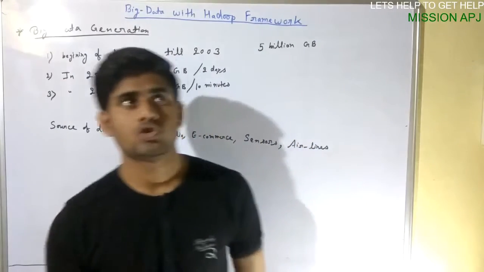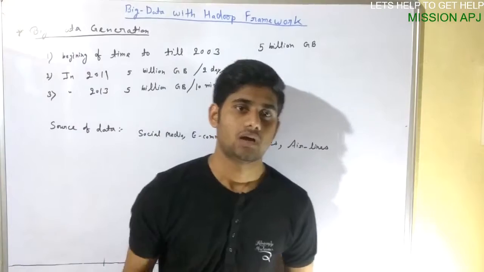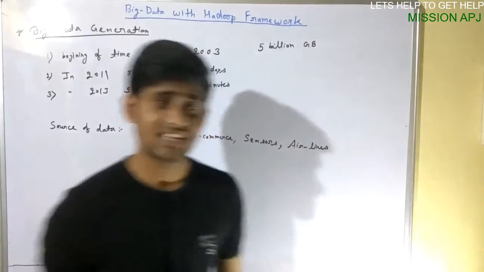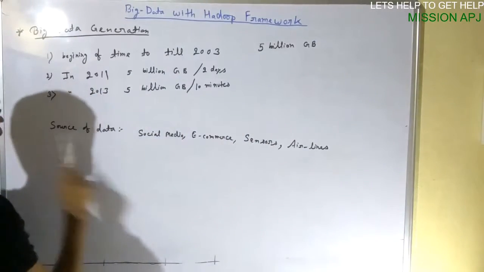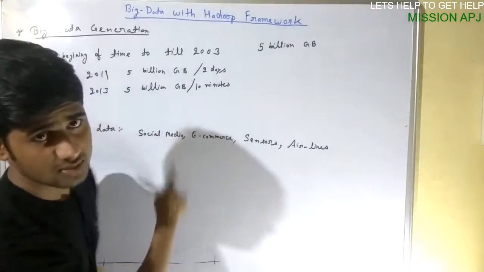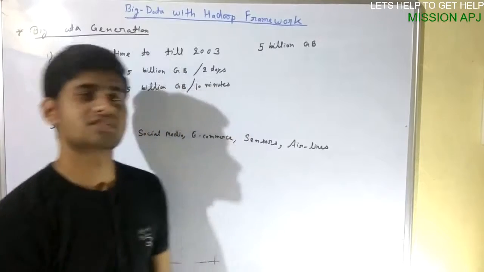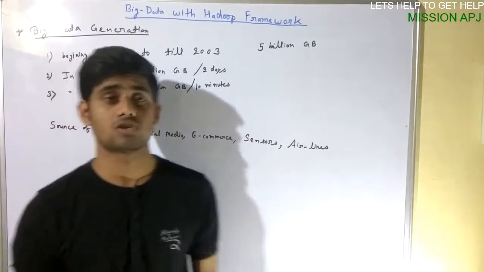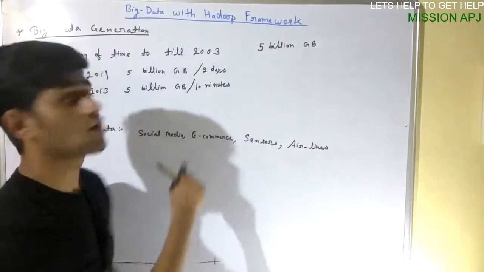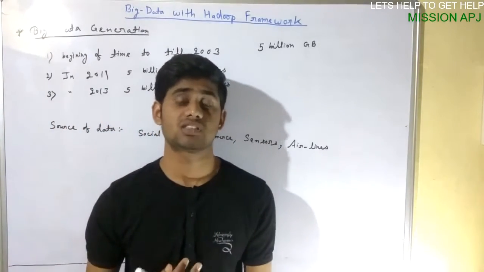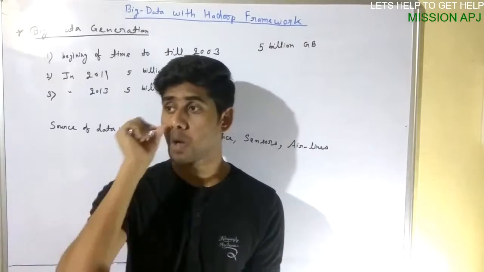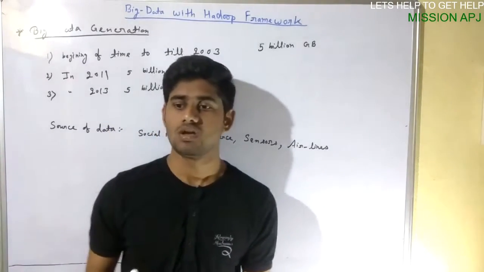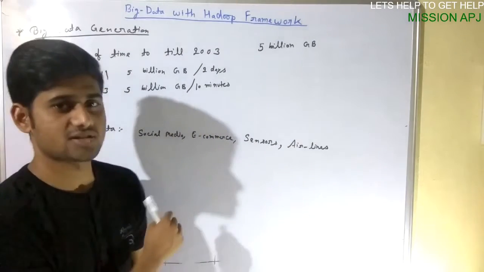But the question is, how is this much data coming into existence? The sources of data are social media like Facebook, WhatsApp, Twitter, Instagram, and lots of sites. Again, e-commerce, Flipkart, Amazon, Myntra; these sites come in the e-commerce category.